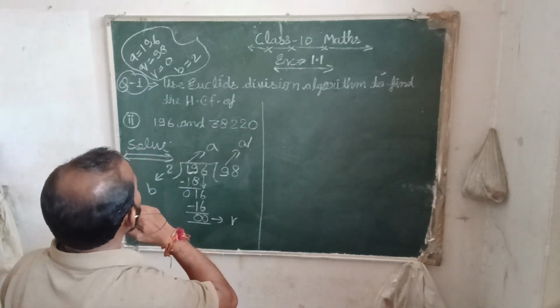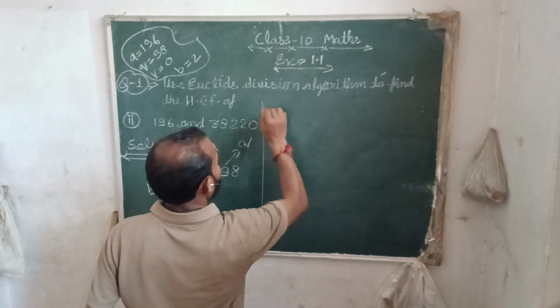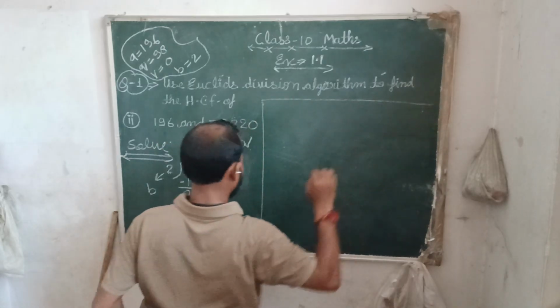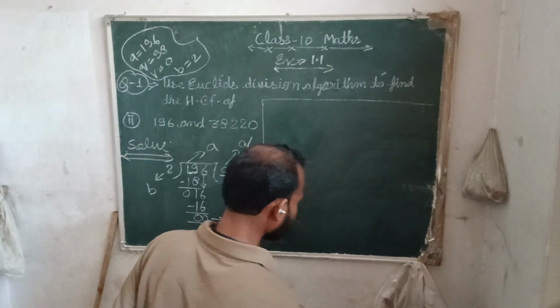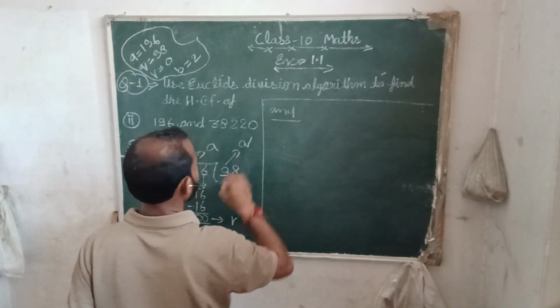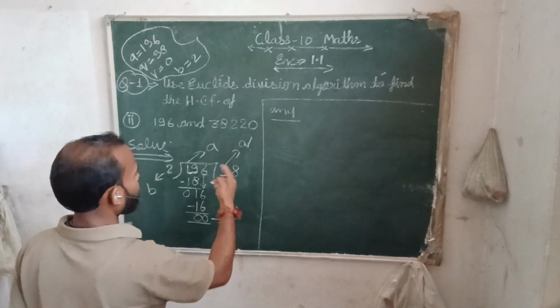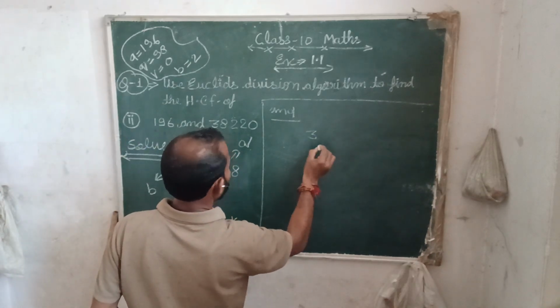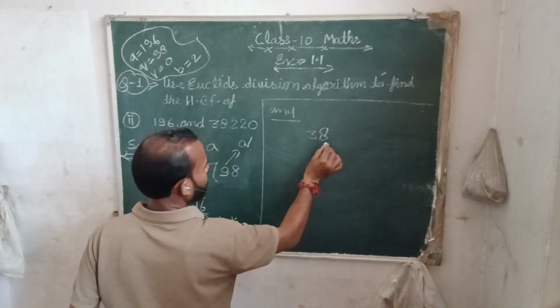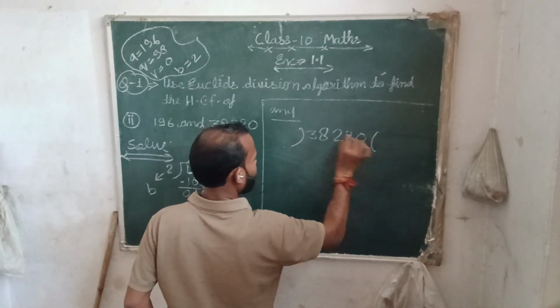Next, now here write 38,220. The same method is applied here.